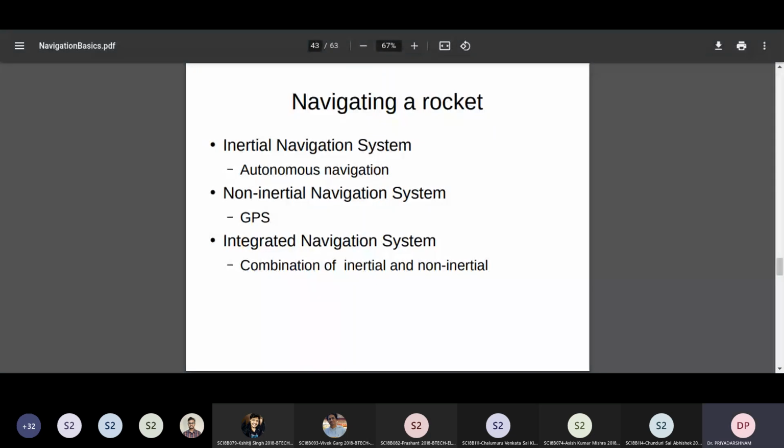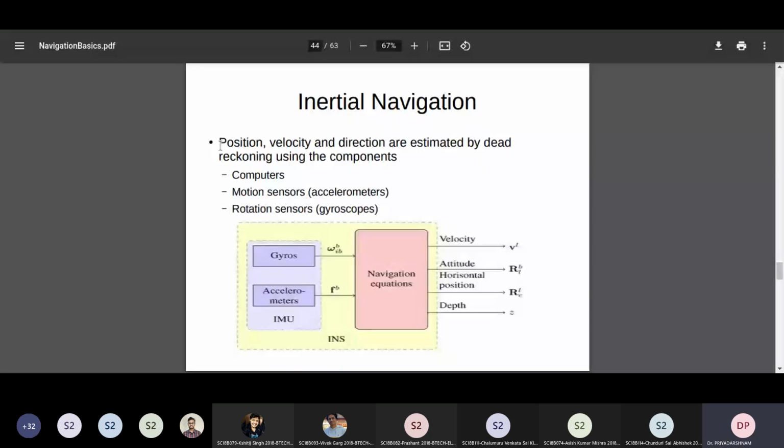So inertial navigation is basically this. As one of you pointed out, it is very closely related to dead reckoning. You need the position and the velocity. Position, velocity and direction are estimated using sensors and computers.